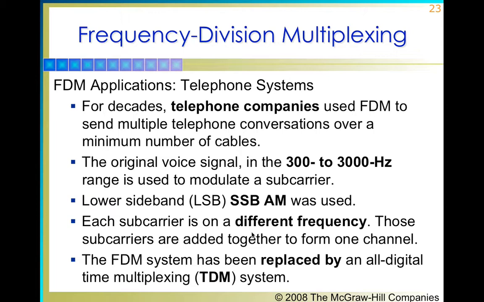Before sending that data from one location to another, all these subcarriers, which are sharing a common bandwidth, are coupled together. And FDM systems are usually used for sending analog data, and it is being replaced by time division multiplexing, which uses all digital data.